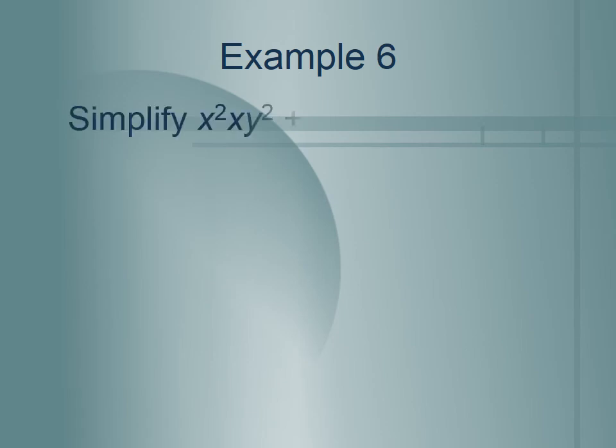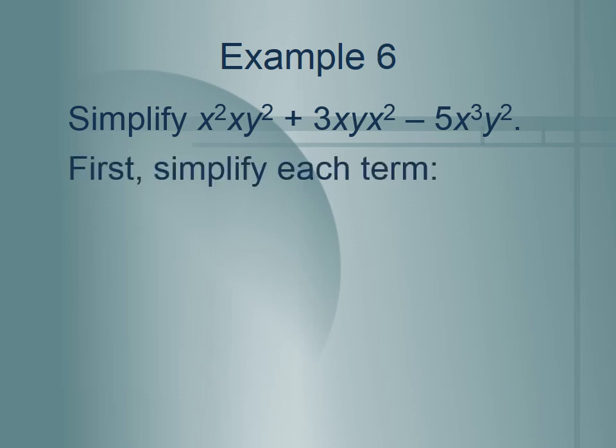All right, next example. Let's say we have x squared times x y squared plus 3xy times x squared minus 5x cubed y squared. So the first thing we want to do is simplify each term. For example, x squared times x y squared, this x squared and this x, that can be simplified, right?